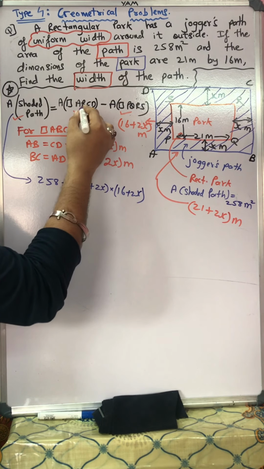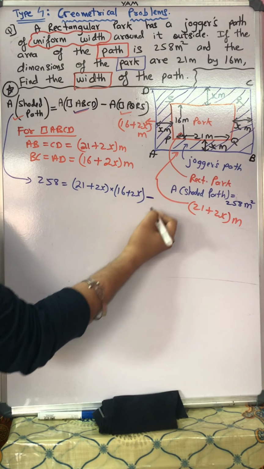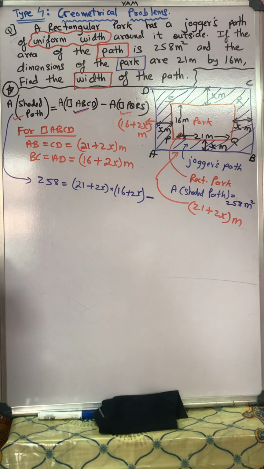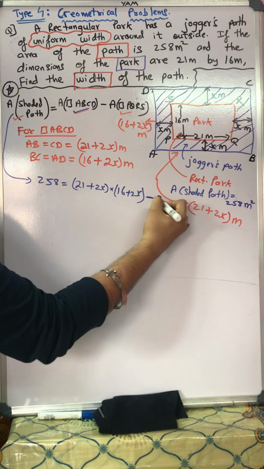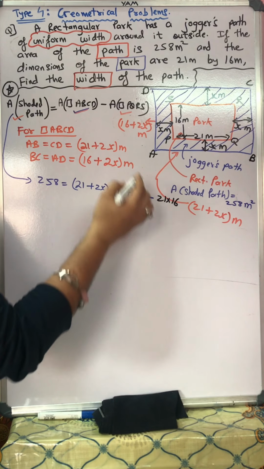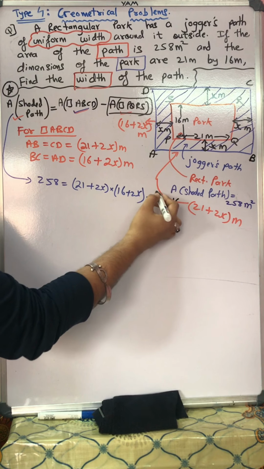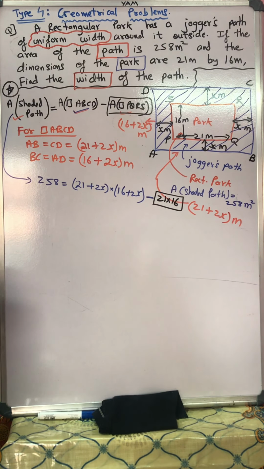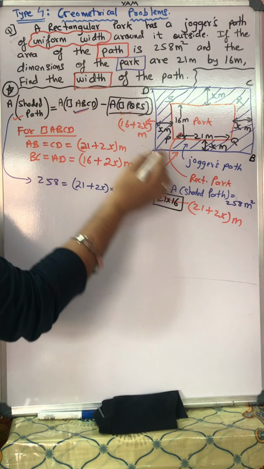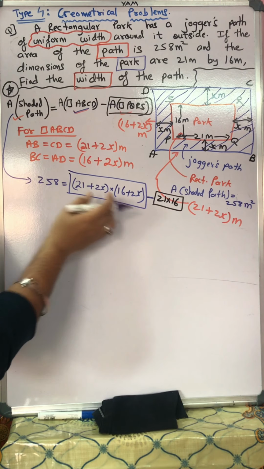Minus, we have to deduct the area of PQRS. PQRS has dimensions 21 and 16, so area is 21 multiplied by 16. And for ABCD, the dimensions were 21 plus 2x and 16 plus 2x.